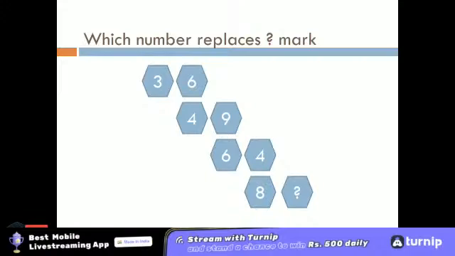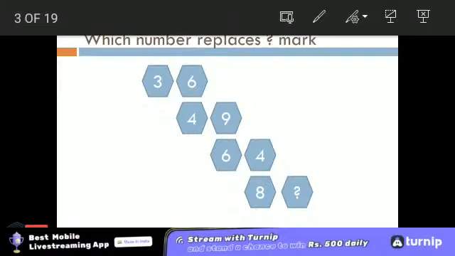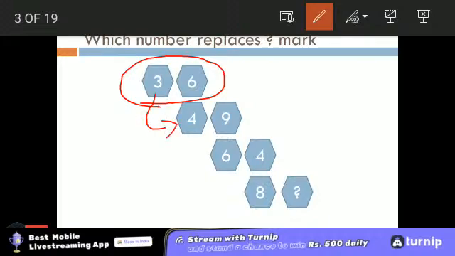So if you observe the very first number, combiningly it is what? It is 36. Then moving ahead we have 49. After 49 we have 64. And after 64, what must be the number that could replace this question mark? If you observe it carefully, you will get the answer.